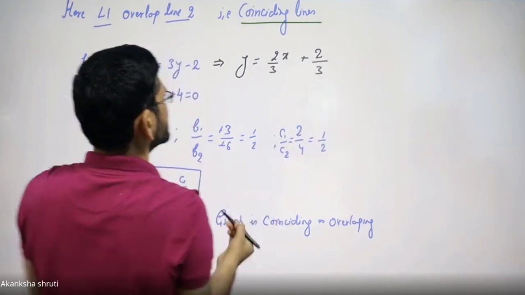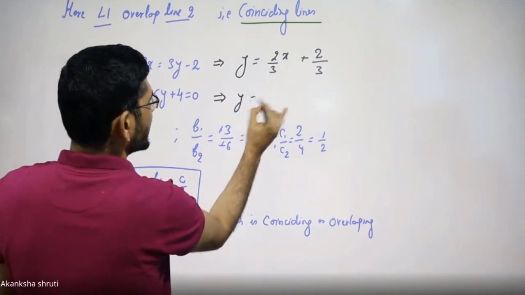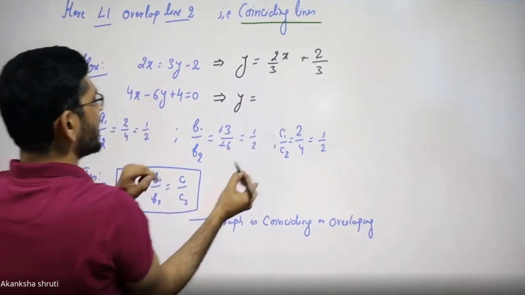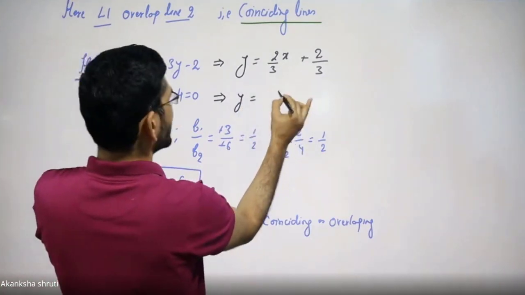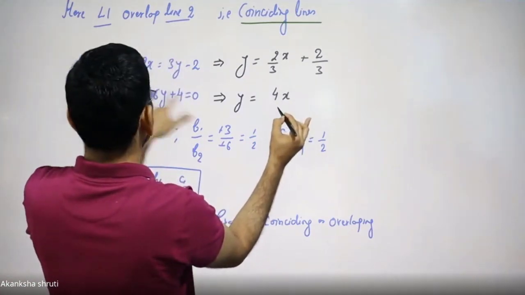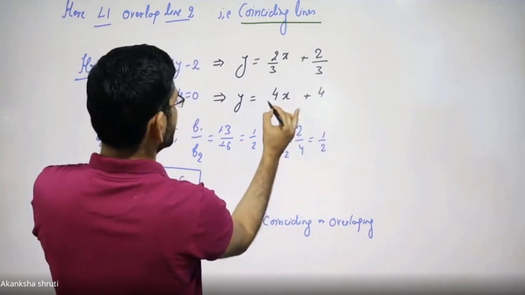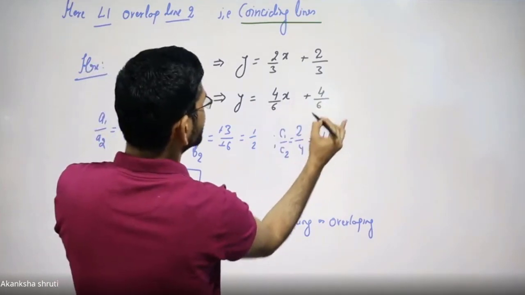It is like this. From the second equation, you have to find y separately. Separating y, you will get 4x, and this plus 4 is there. This will get divided by this 6 and 6.